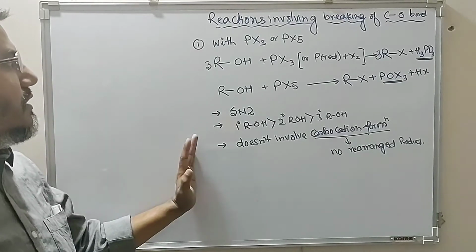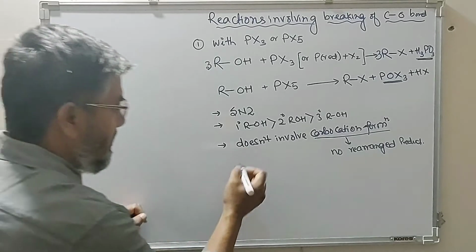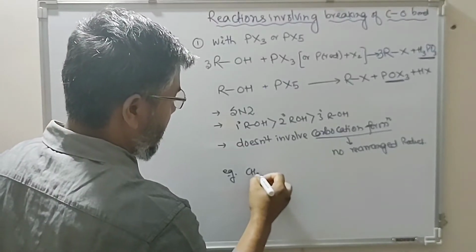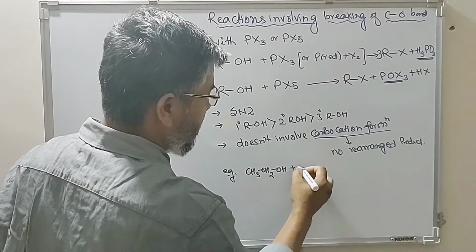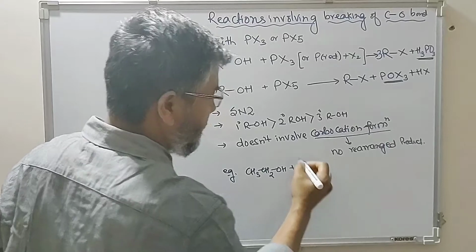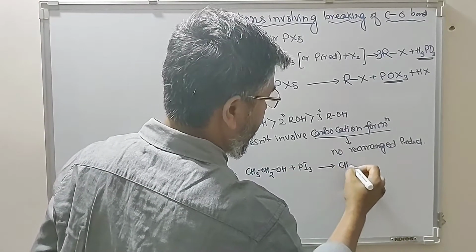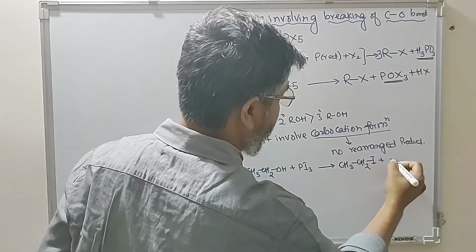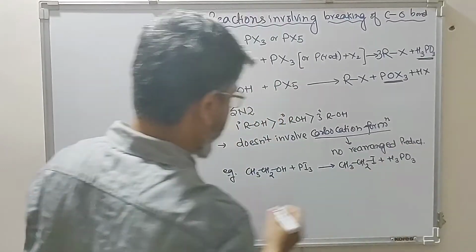So this is the reaction with phosphorus trihalide. Take this example. We have CH3CH2OH. Now this reacts with PI3, phosphorus triiodide, and this gives you CH3CH2I plus H3PO3.